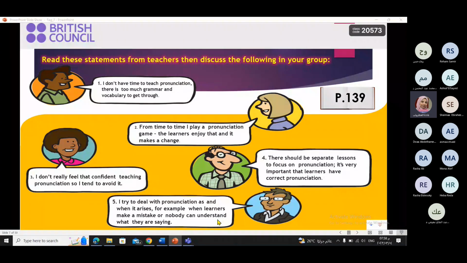Maybe some of us can agree and some of us disagree, because maybe most of us as teachers think that pronunciation is not that important. Yes, Mr. Ashraf, do you have an idea? I agree with this sometimes, not all the time.